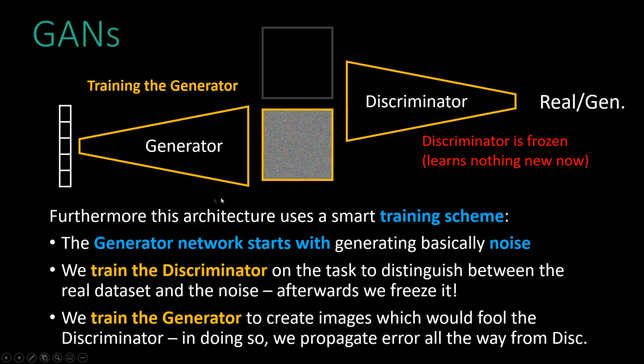So we are trying to sort of motivate the generator so that it creates images which would fool the discriminator. And when we are doing this, we are sort of getting the error of the label all the way from here and propagating it through this discriminator network all the way to the generator network. However, this whole network is frozen, so we are only changing the weights of the generator network.